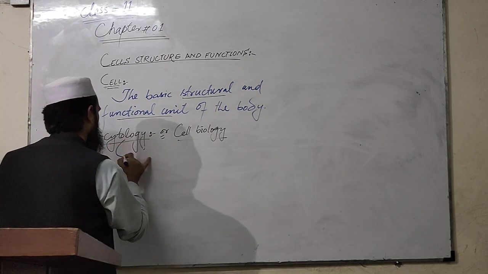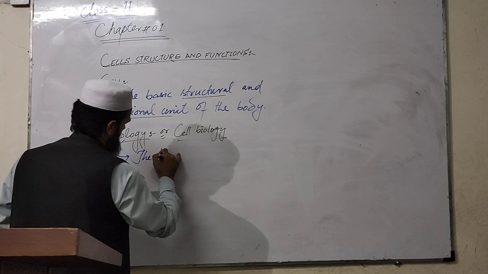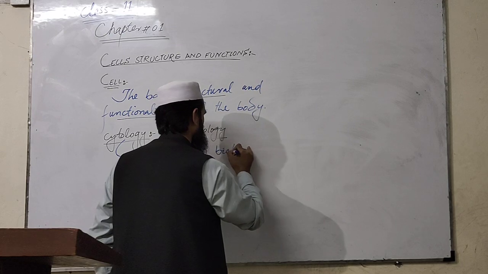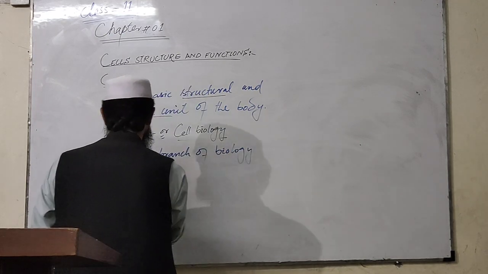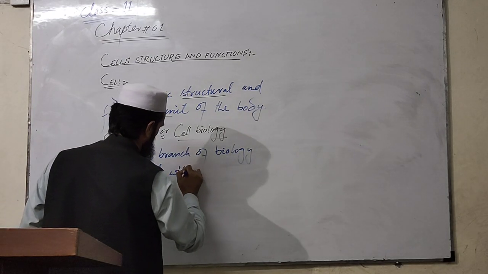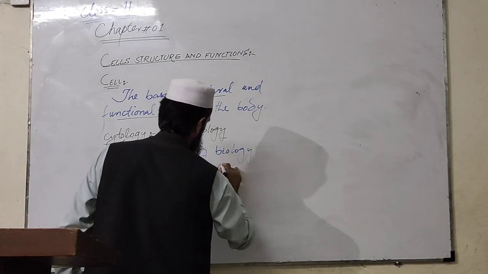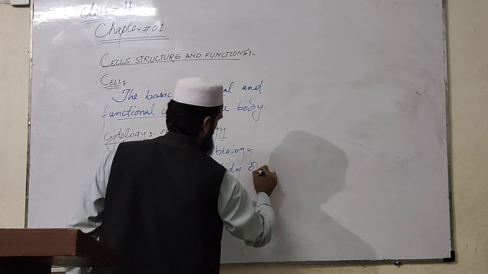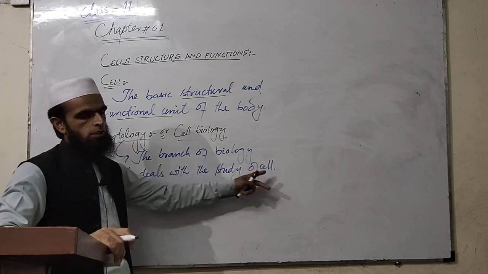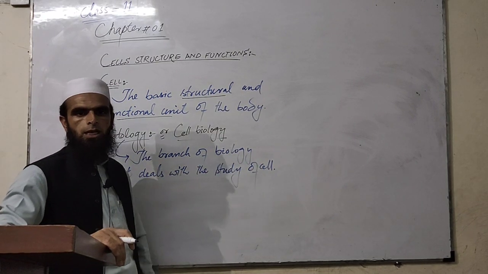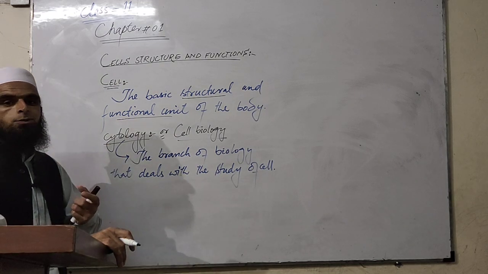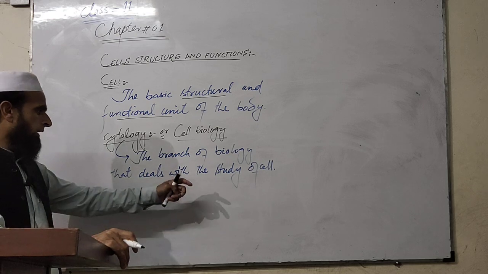It may be defined as the branch of biology that deals with the study of different aspects of the cell, meaning the study of the structure of the cell, the shape of the cell, the function of different parts of the cell, and the different organelles present inside the cell.